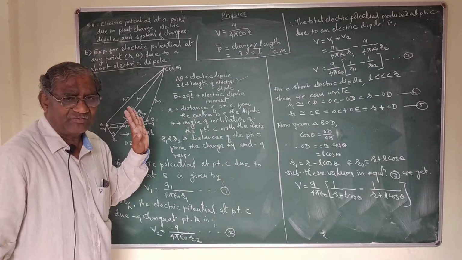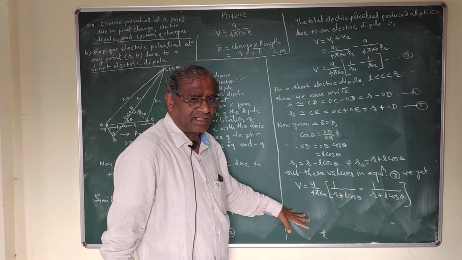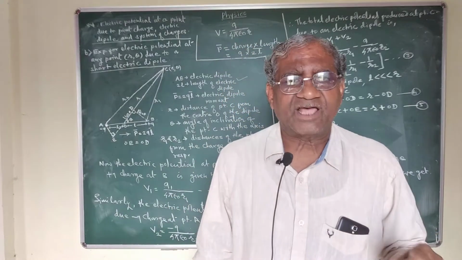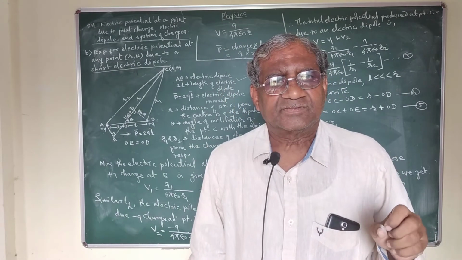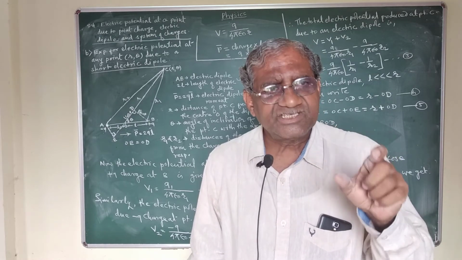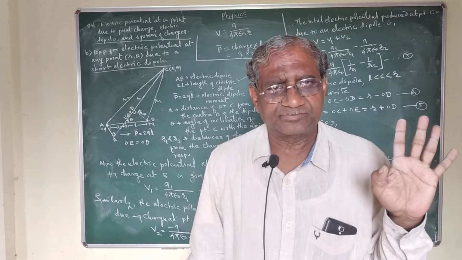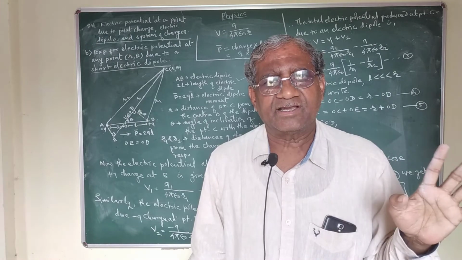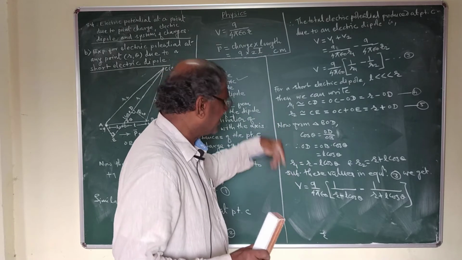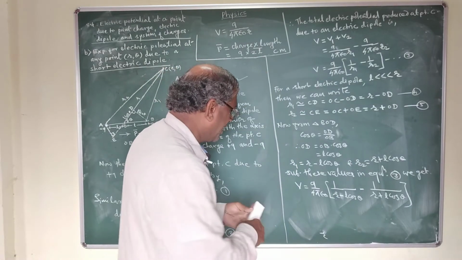We get the same result. Out of these two methods, use the method which is very easy for you. You can write any one method to obtain this expression for electric potential.